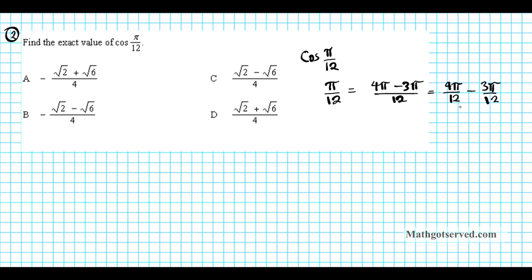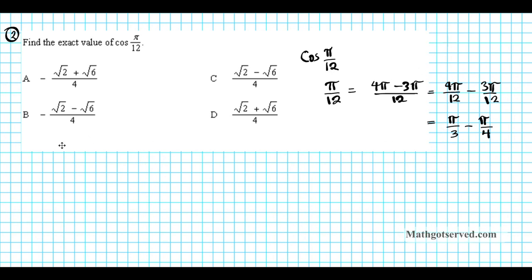Okay, and then reduce this becomes pi over 3 minus, and this becomes pi over 4. All right. Now this is 60 degrees and this is 45 degrees. So if you wanted to use degrees, this would be 15 degrees, and then you can just use 60 minus 45. It makes no difference, all right?